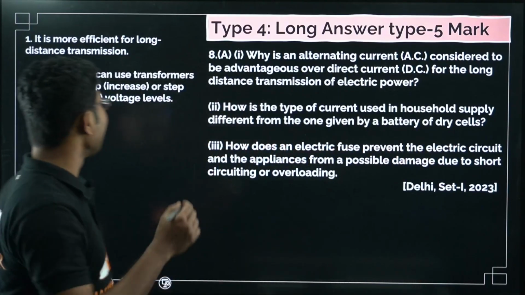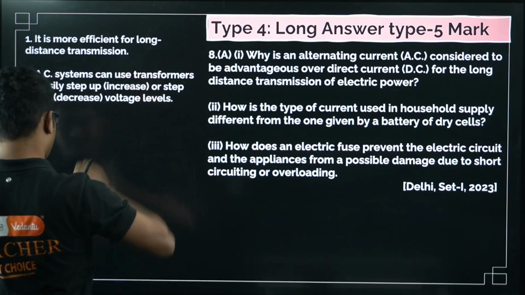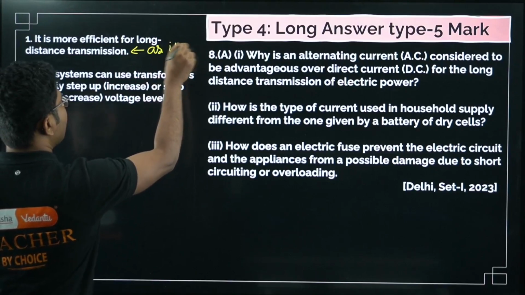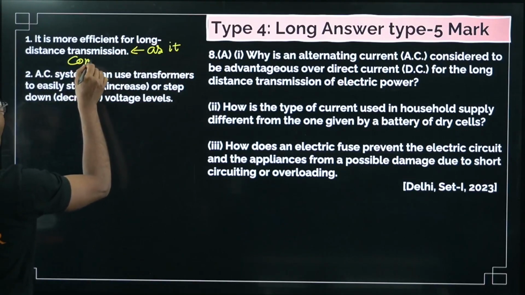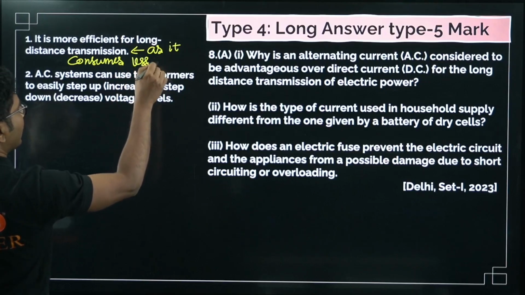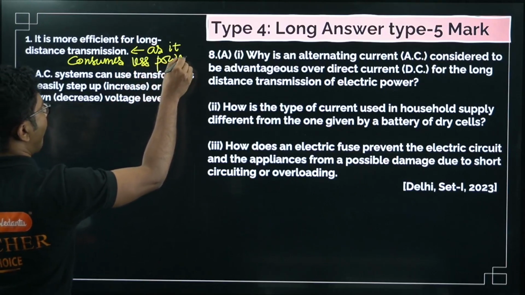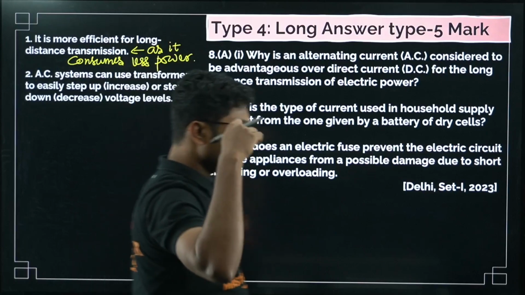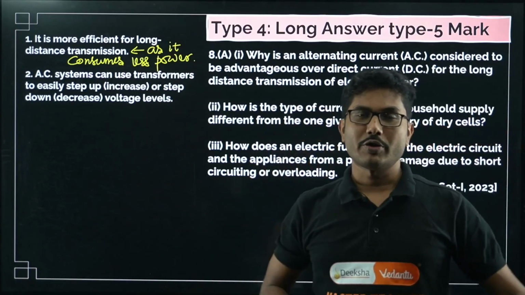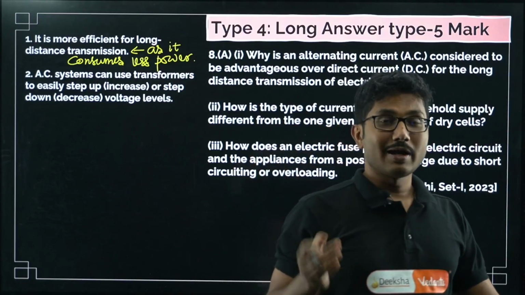First point, you can say that it consumes less power, because you can transmit AC current in a higher voltage form. It is a very high voltage form and low current form.